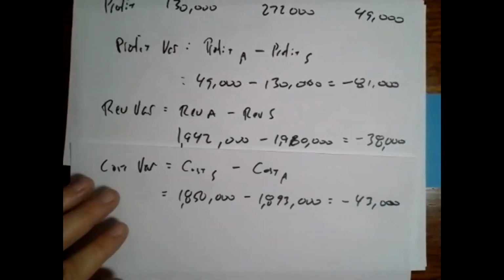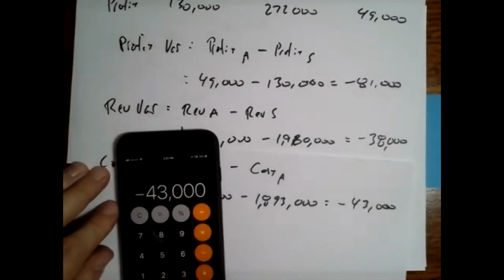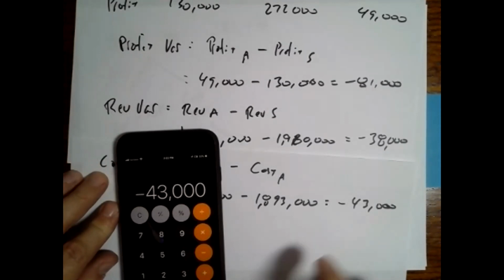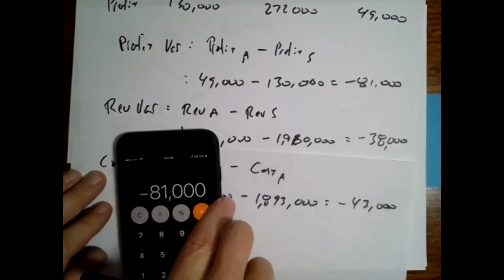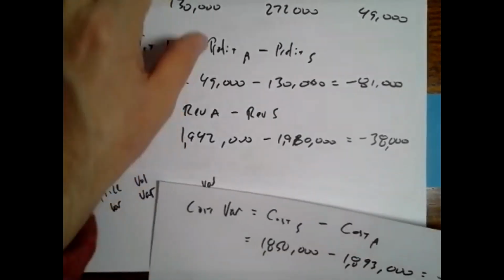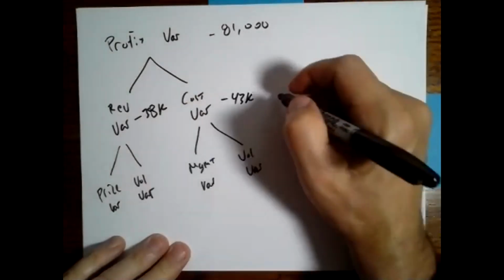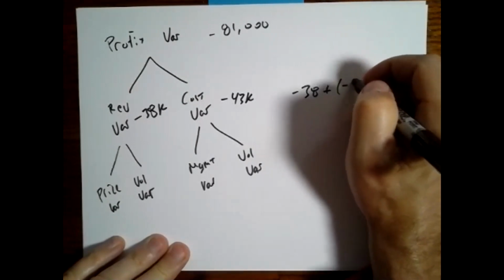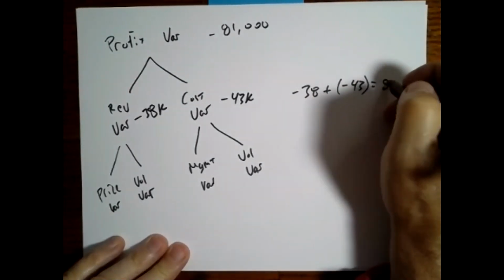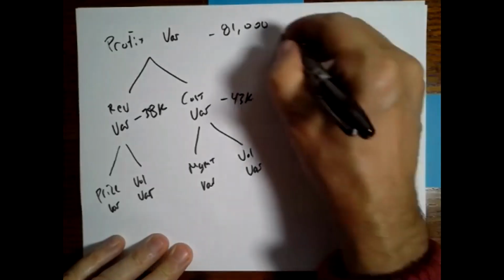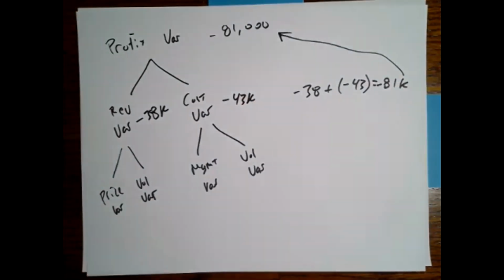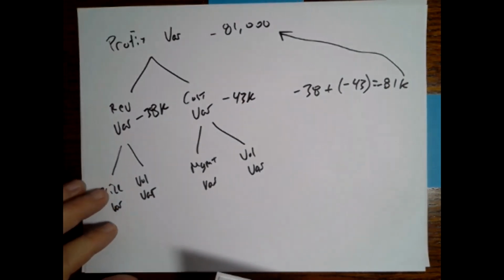So if we take our minus 43,000 in cost variance and add our minus 38,000 in revenue variance, we get minus 81,000, which adds back up to our total profit variance. So minus 38 plus minus 43 equals minus 81, which matches our profit variance. So our decomposition is working so far. Okay. So that is part B.